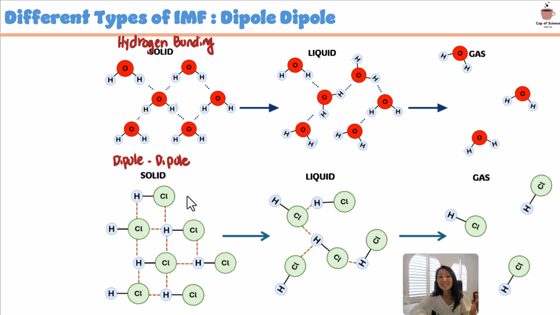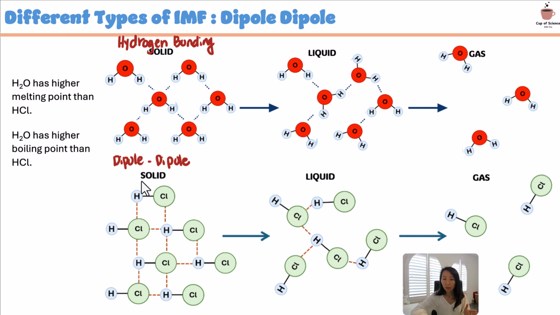So what is the further difference between the two? Well, water has a higher melting point than HCl. What that means is it takes a greater temperature to go from solid to liquid than it does for HCl. More temperature required. What about going from liquid to gas? Same thing.